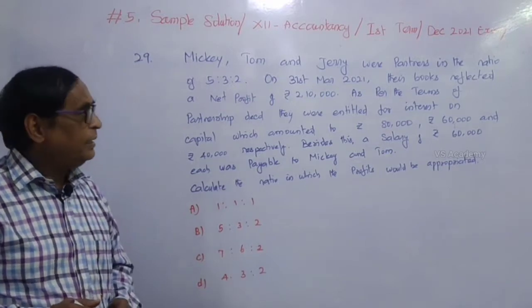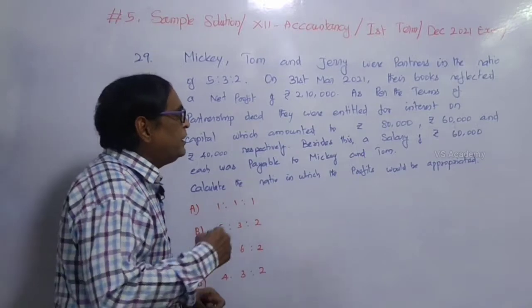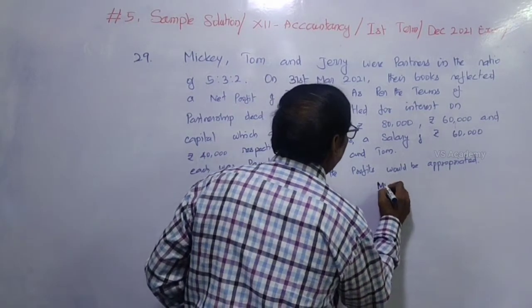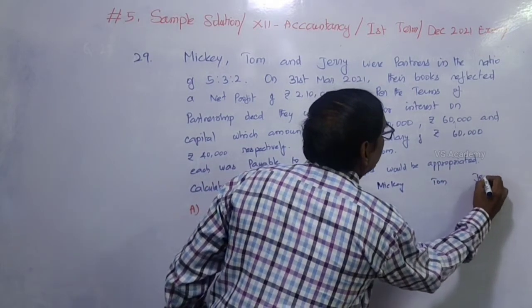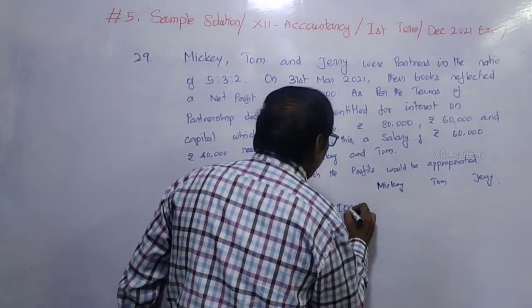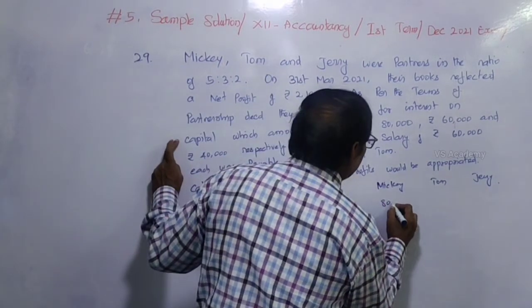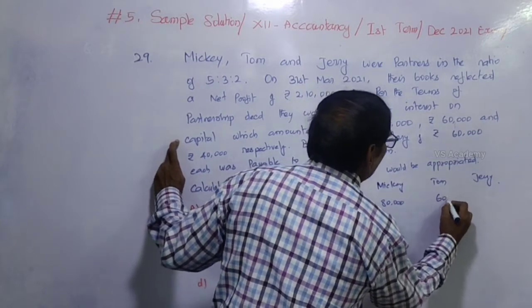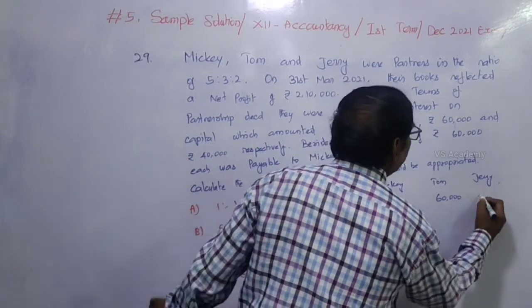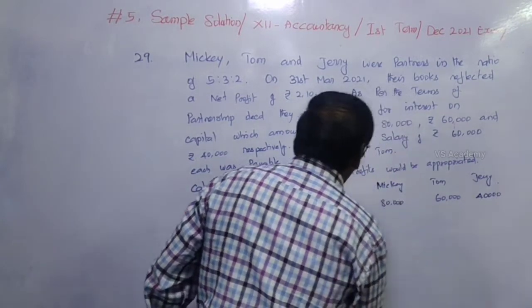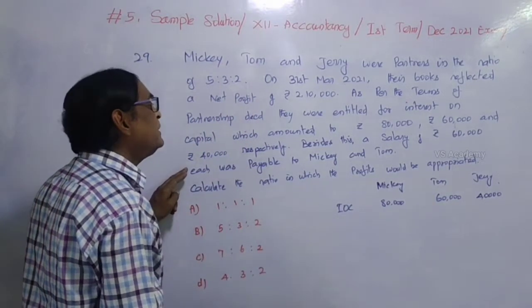As the capital is not given, we can start from the interest on capital. Interest on capital for Mickey, Tom and Jerry: the amount is given, that means 80,000 rupees, and then 60,000 rupees for Tom, and then 40,000 rupees for Jerry. And then add the salary.